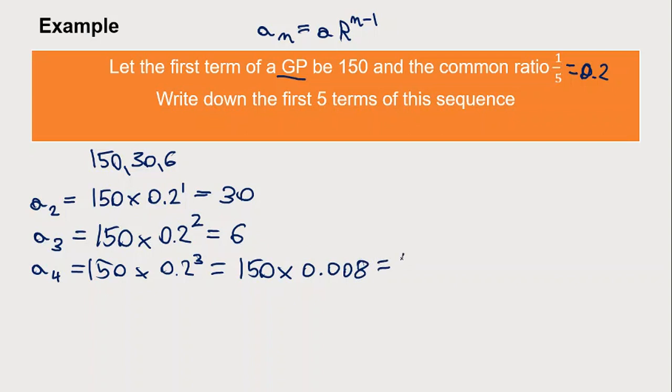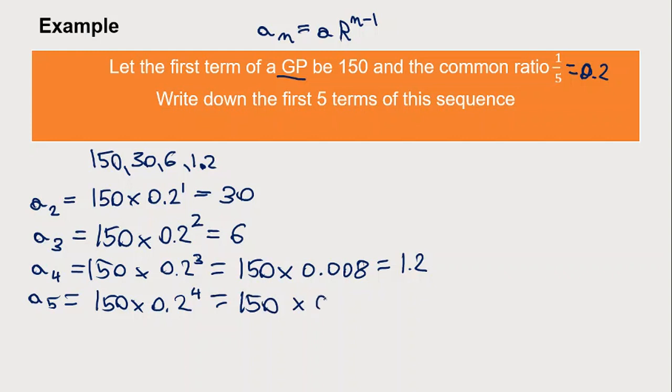So this is 1.2. a5 is 150 multiplied with 0.2 to the power of 4, position minus 1, so that's 4. That's 150 multiplied with 0.0016, and therefore this is 0.24. So these are the first 5 terms of the sequence.